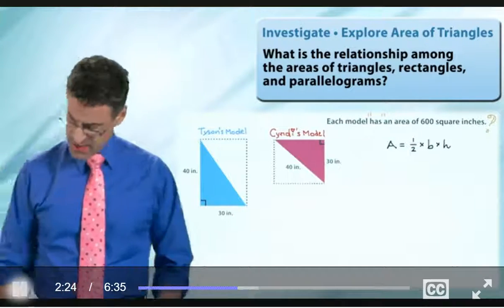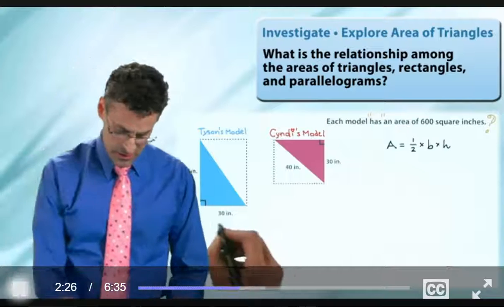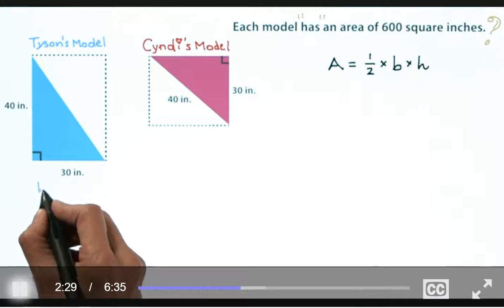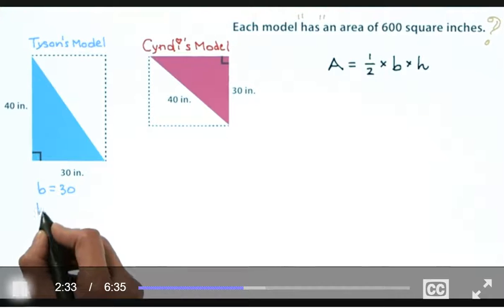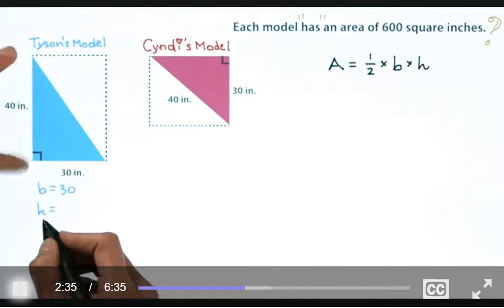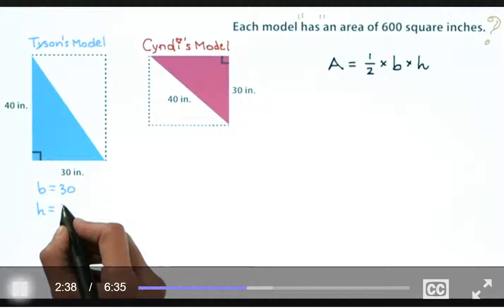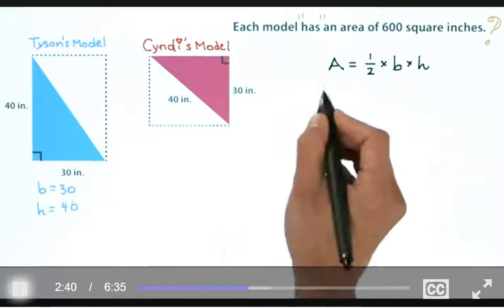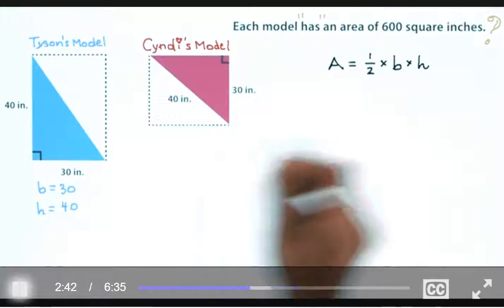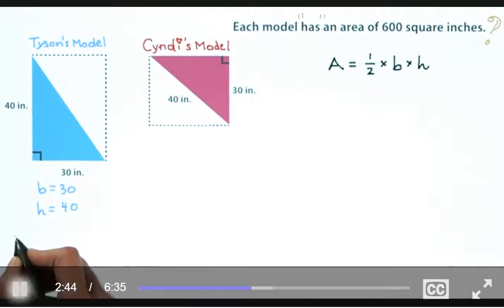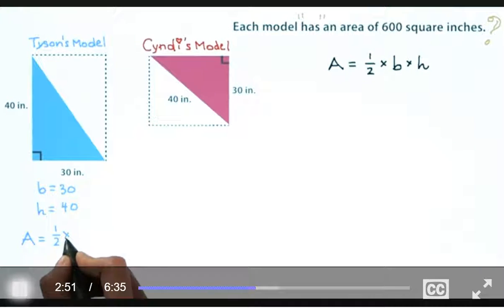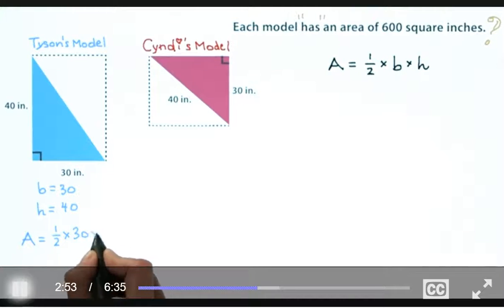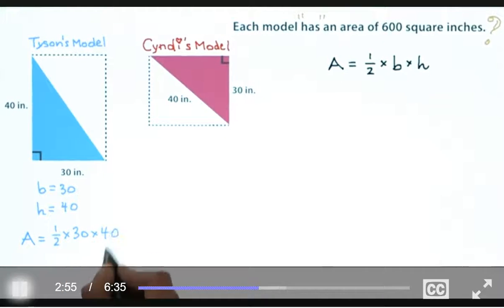So in Tyson's model, this is the base, and so in this case, B would equal 30. The height, which is that perpendicular length against the base, would be 40. And so if we put in B = 30 and H = 40, then what does the equation give us? Well, the area, which is dependent on these other numbers, would be 1/2 times 30 times 40.